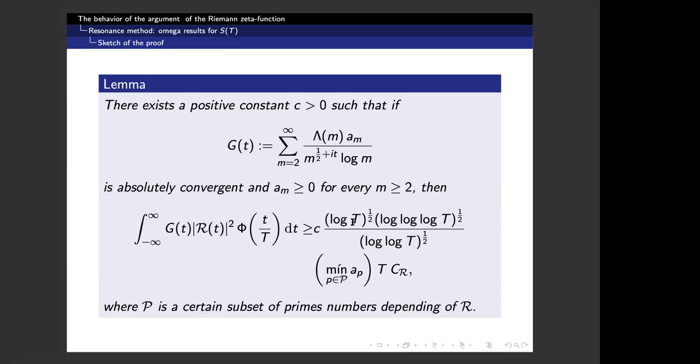A constant, this behavior (log T)^(1/2) over (log T)^(1/2), times the minimum over these coefficients, a number depending on the resonator, and again this factor T and this constant that depends on the resonator.